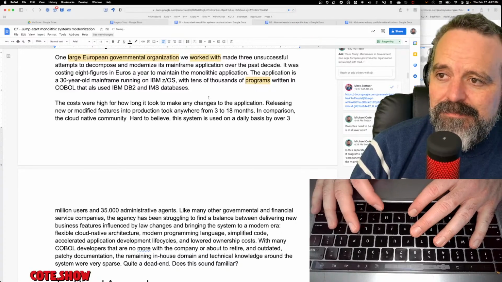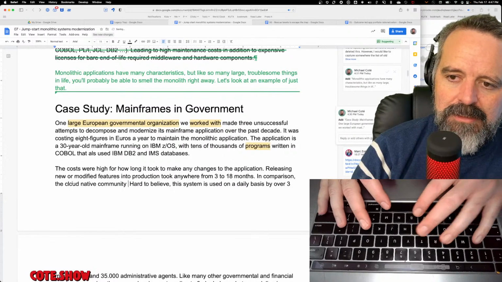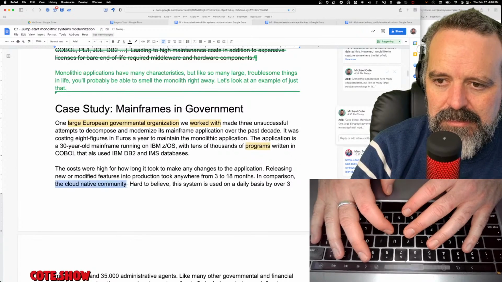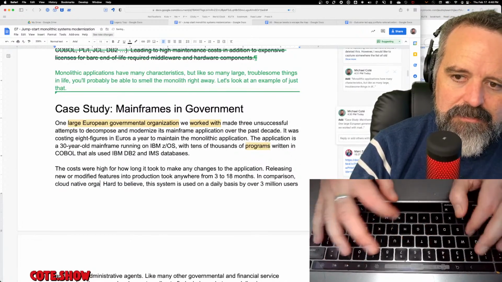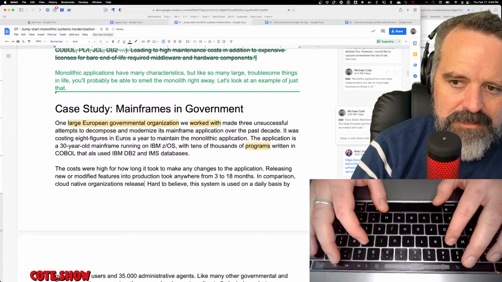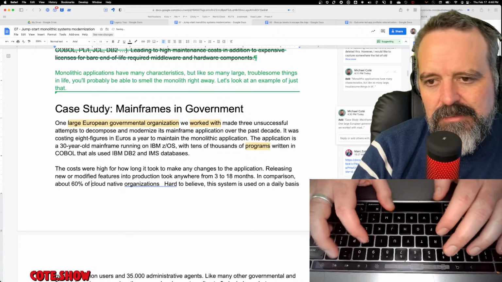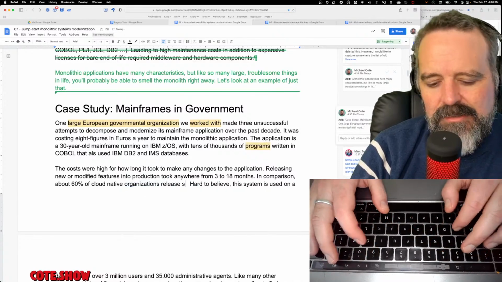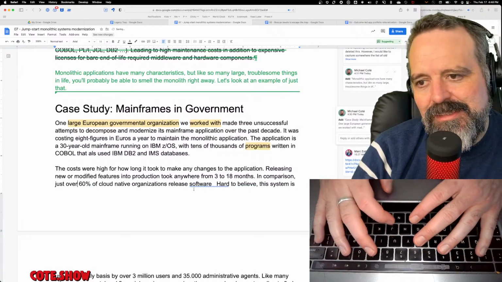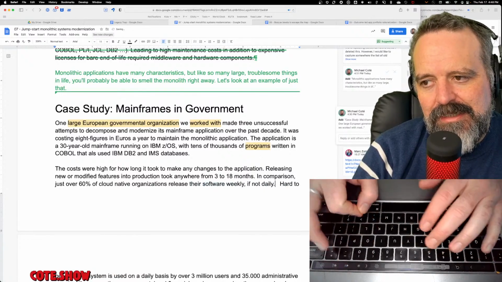I'd say in comparison, where did it go? The cloud native. Let's see. Cloud native organizations release. About 60% of cloud native organizations, let's see, it's just over, release their software weekly, if not daily.